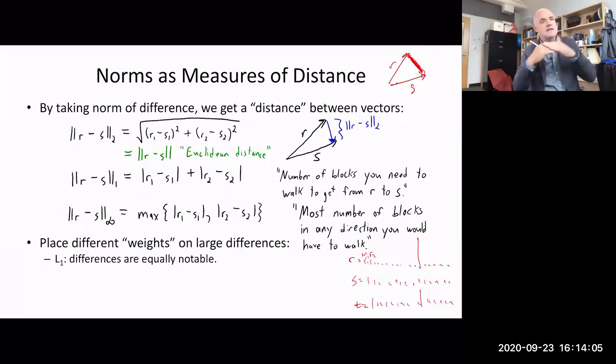The distances that we compute between these vectors, the numbers that we use to compute what is a nearest neighbor, are going to be different depending on the norm that we utilize, right?